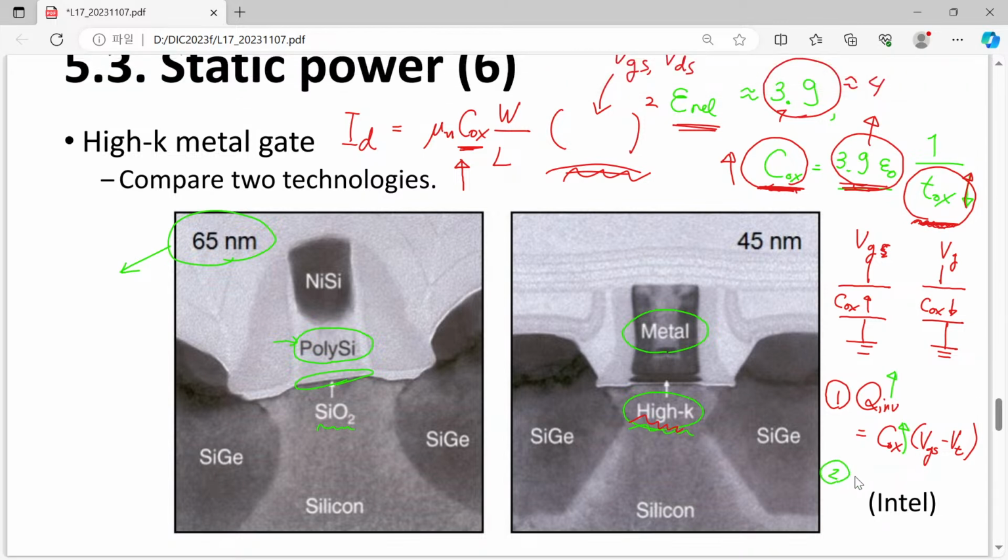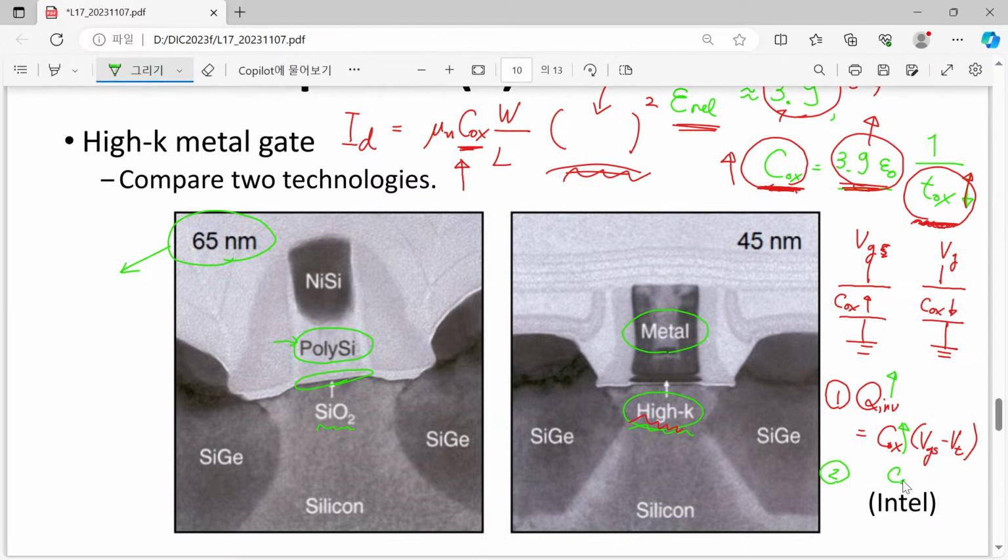However, if you have a relatively poor technology which has a lower oxide capacitance, then even though you have applied the same amount of voltage to your device, your collected inversion charge density will be lower.